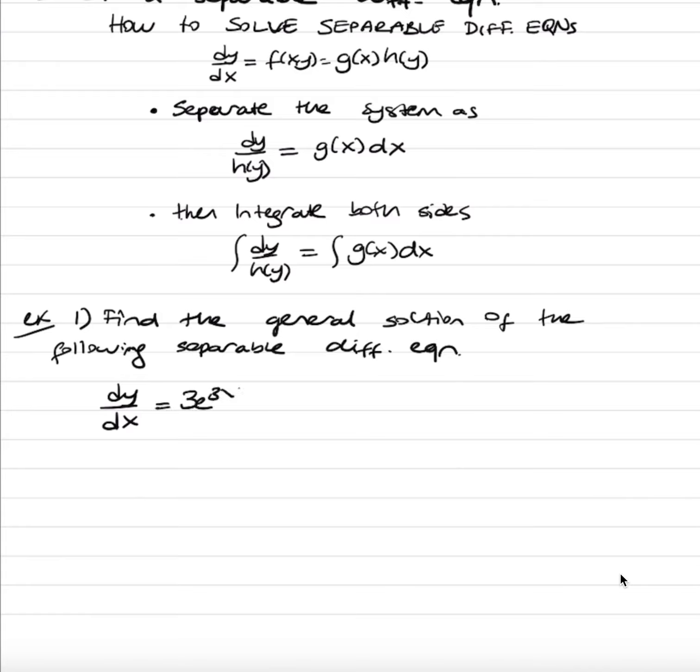e to the power 3x. Here there is no y term on the other side, but we can write this as, so we separate all the terms, y terms to one side and x terms to the other side, and then we integrate 1 times dy.